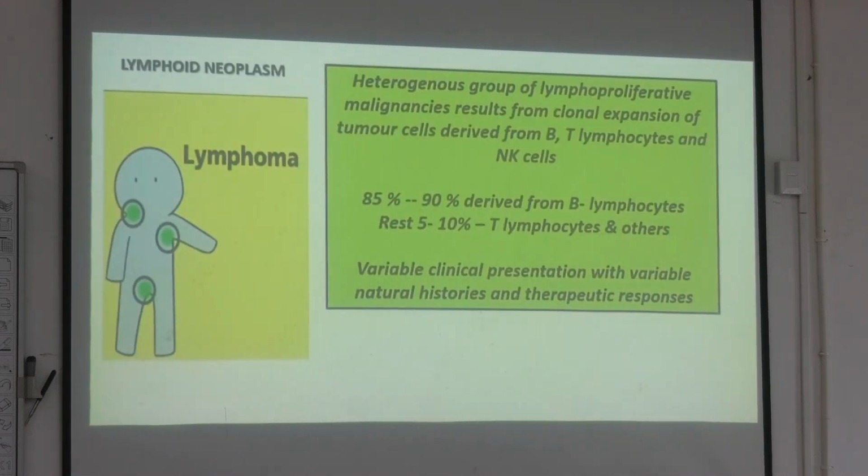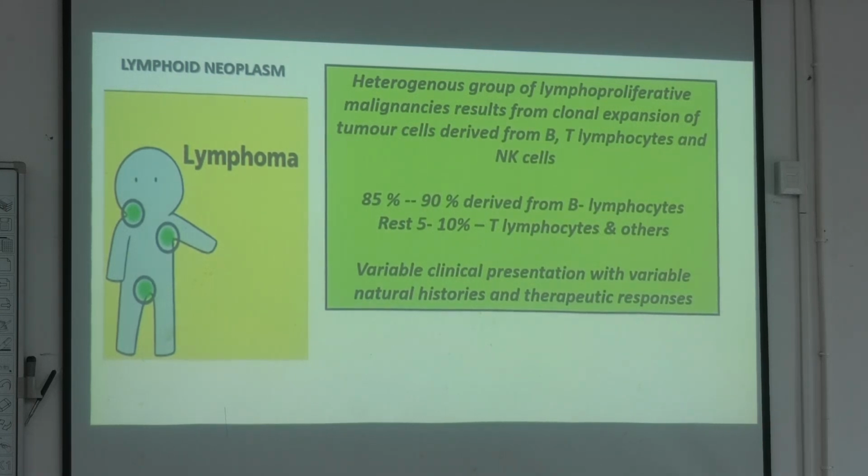Lymphoma is a heterogeneous group of lymphoproliferative malignancies resulting from clonal proliferation of B lymphocytes, T lymphocytes, and NK cells. The important point is that there is a clonal proliferation. When it is monoclonal, that is malignancy.